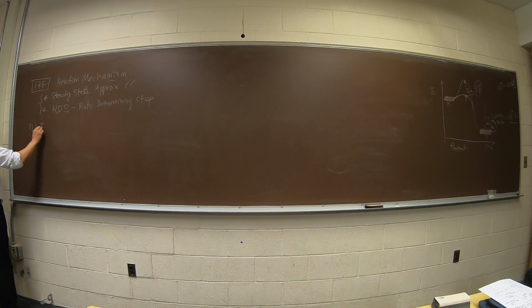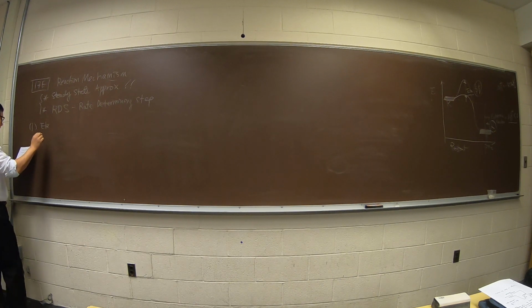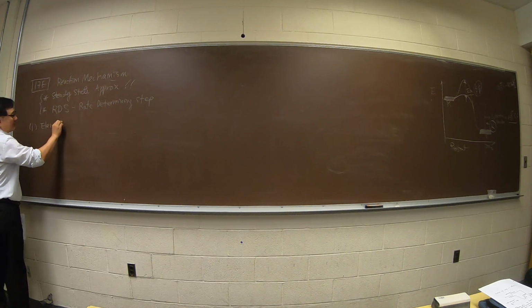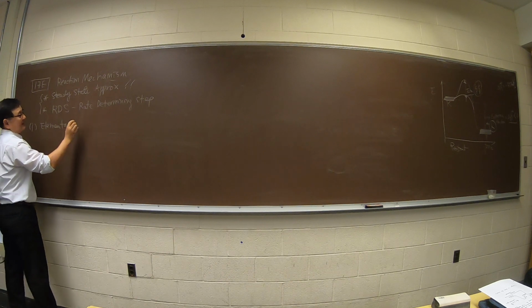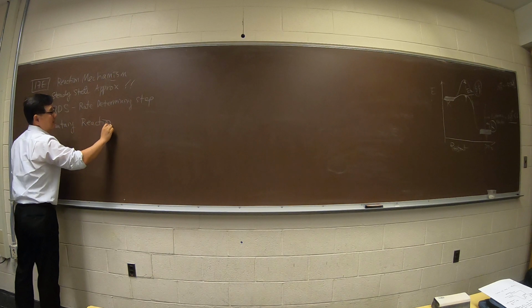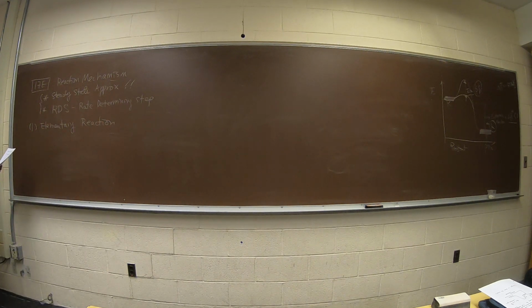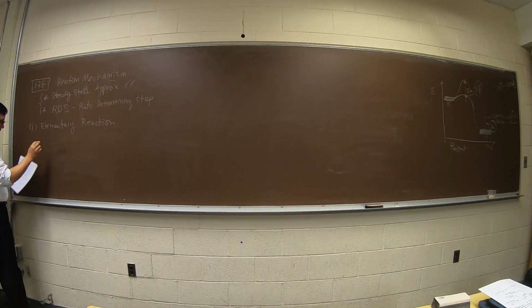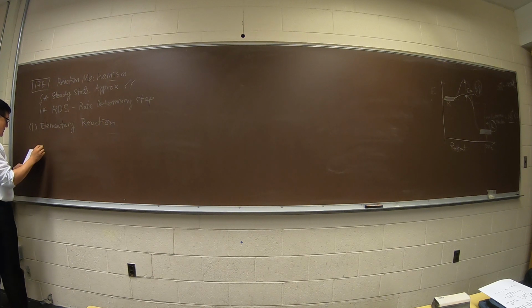The first one is elementary, like elementary school. Life is simple. Right? Elementary reactions. This is an easy reaction, and then we can think about it. And we've been dealing with this kind of experiment before.